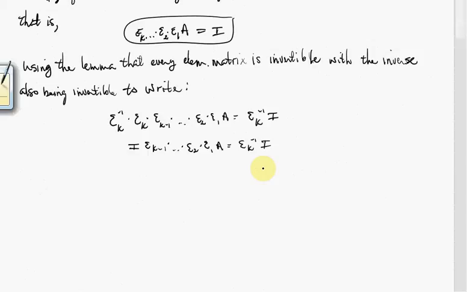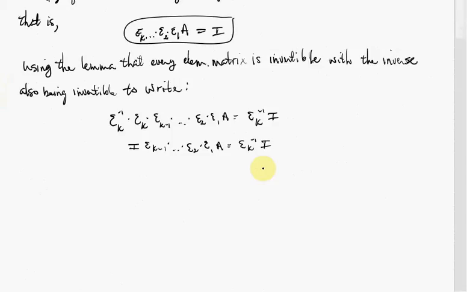So now I'm going to multiply each iteration, the inverse of E sub k minus 1, to both sides, and then I'm going to multiply to both sides the inverse of E sub k minus 2. Do that until I end up with just A on the left side.